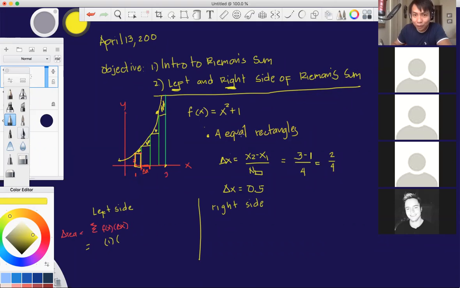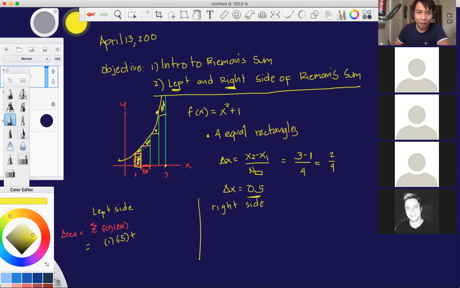This is our uniform problem. So your delta x will just be equal to what? 0.5. Very good. So you'll have 0.5 plus, okay. So we're done with this rectangle for now.